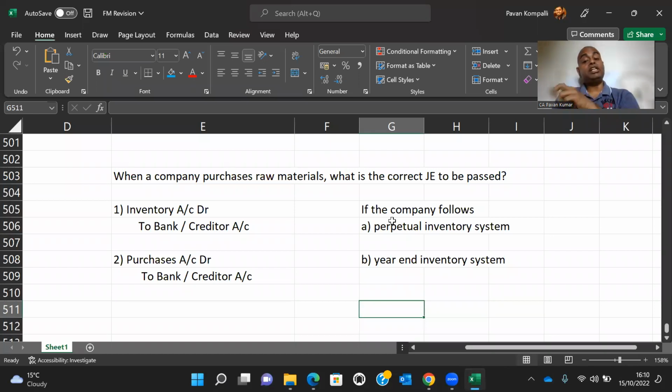If the company follows the perpetual inventory system, for example, you go to Reliance Fresh and purchase one commodity, say Pond's powder, or one Park Avenue spray. The moment at the billing counter, the employee takes the Park Avenue deodorant spray and shows the barcode reader, do you think the inventory system is so dynamic that one item of inventory will be reduced?